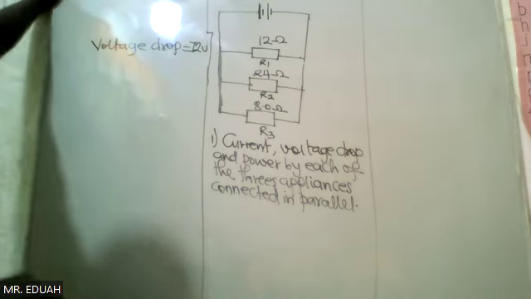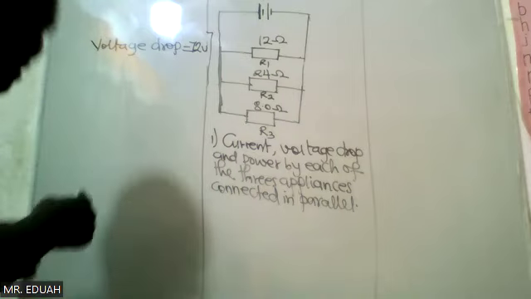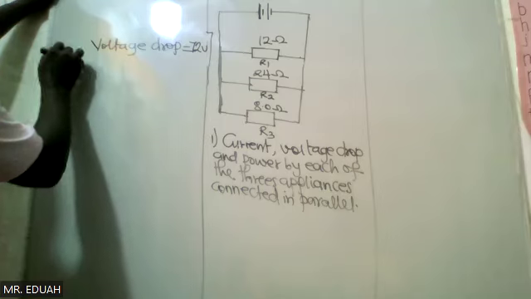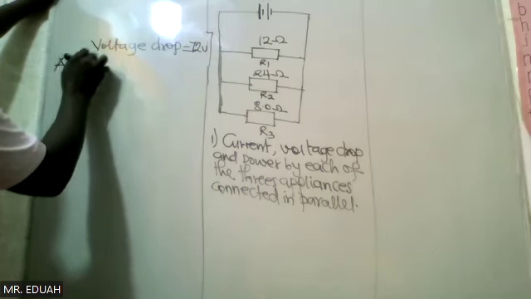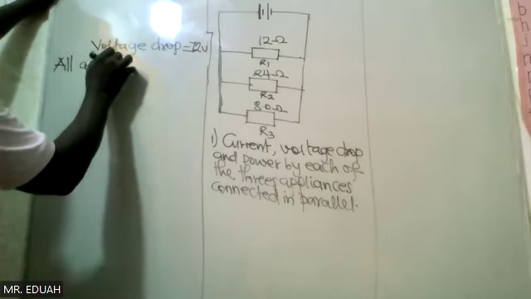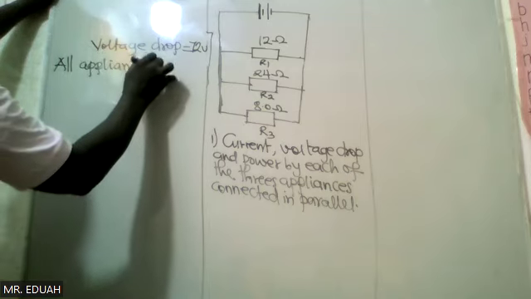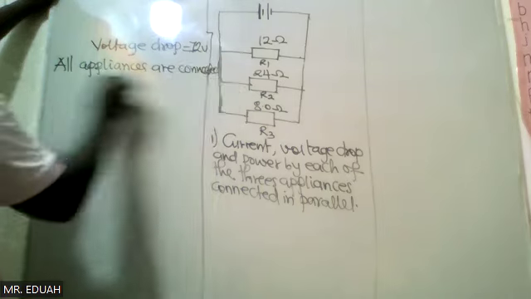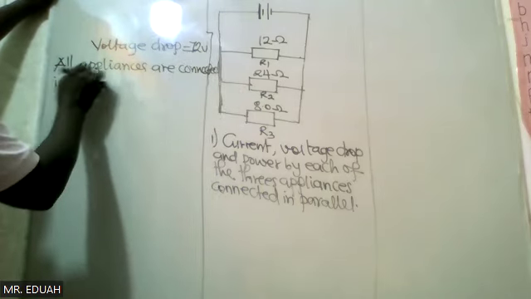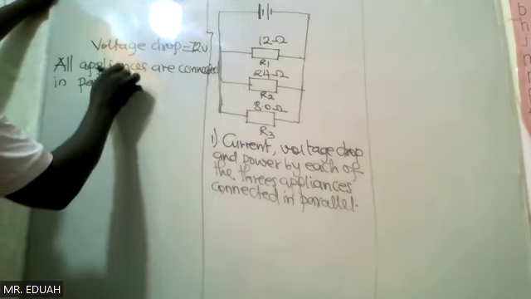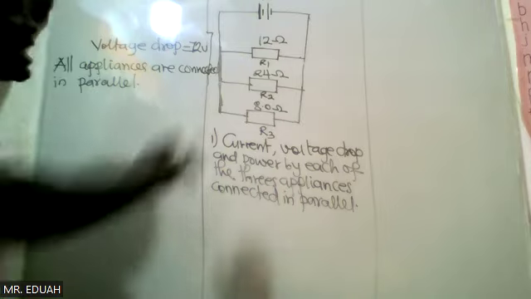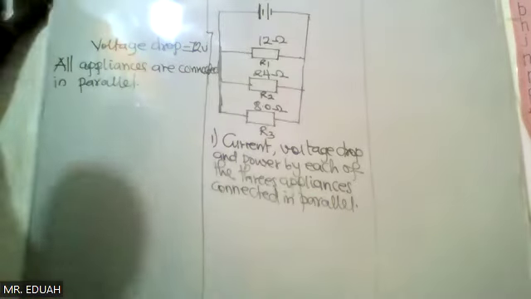This is because all three appliances are connected in parallel. When loads or resistors are connected in parallel, they have the same voltage drop across all of them.